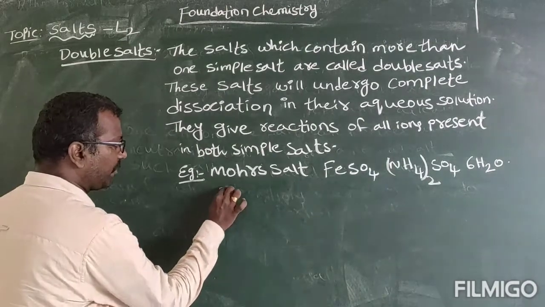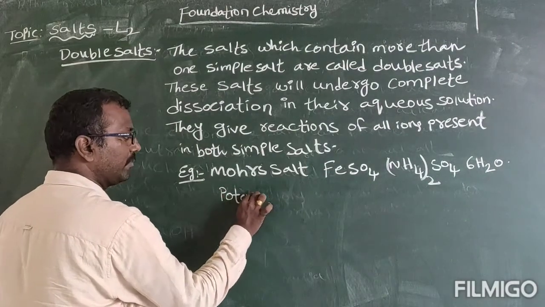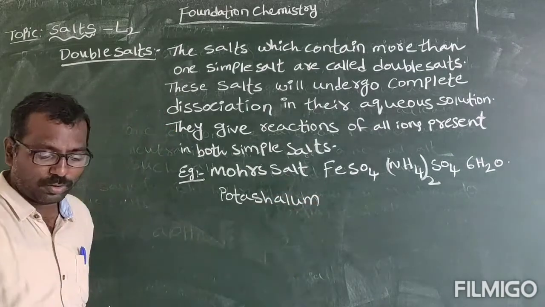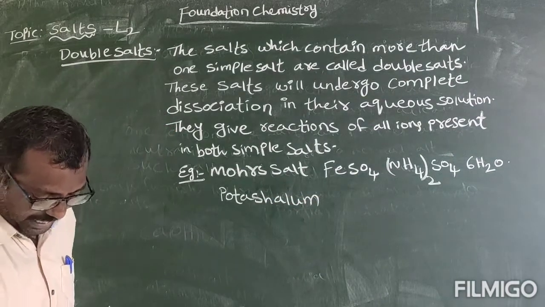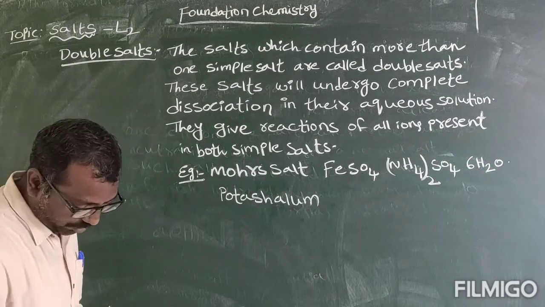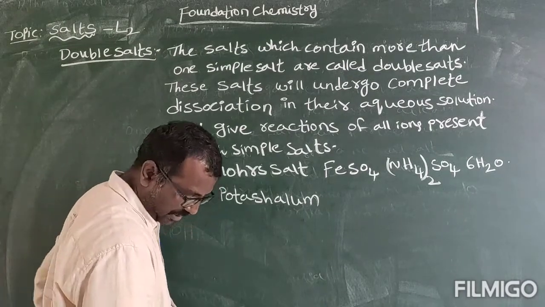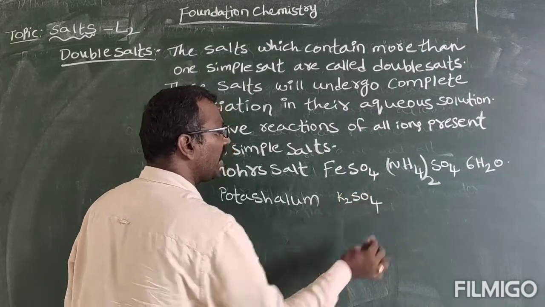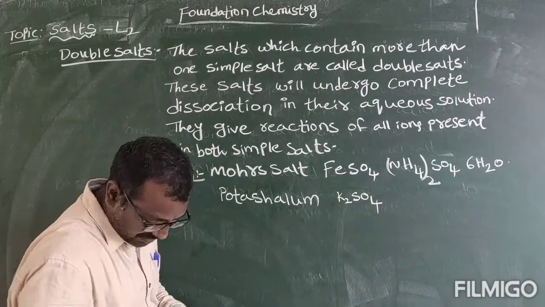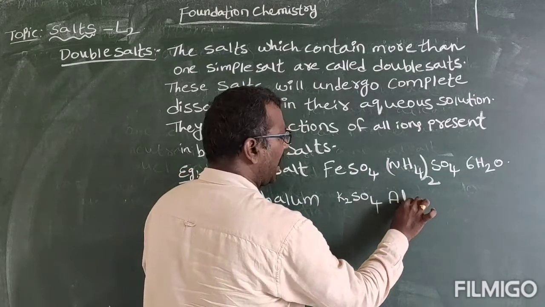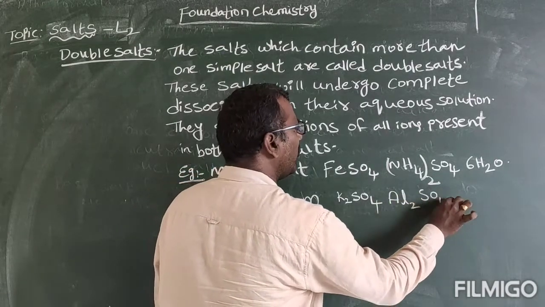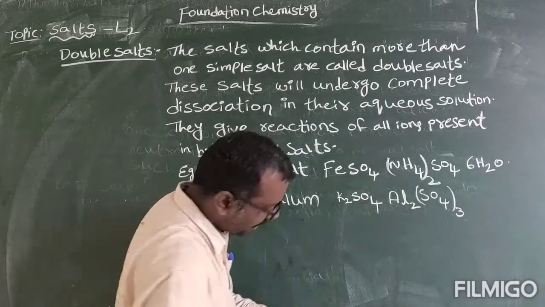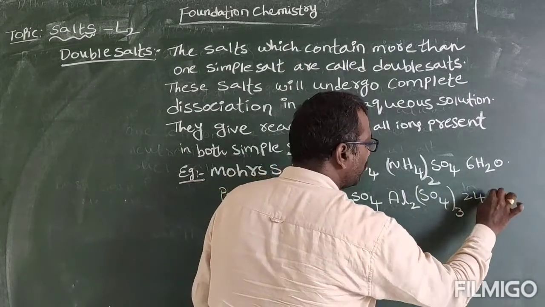And the second example is potassium alum, which you already know, in purification of water we use alums. So the potassium alum formula is K2SO4 and aluminum sulfate, Al2(SO4)3, and water molecules will be there, 24H2O.